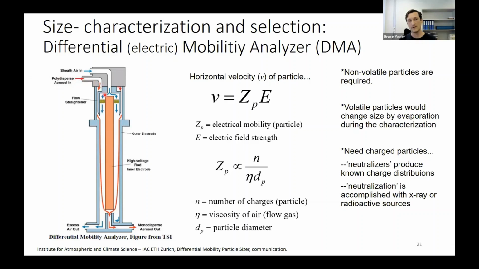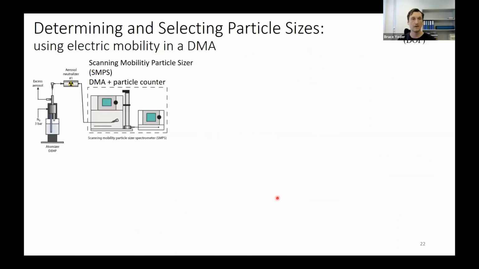The aerosol enters here, flows this way, and according to its electrical mobility is pulled towards the rod, and selected electric mobility diameters come out at the end. And you have monodispersed aerosol. Good. So we can determine the size and select the size of aerosol particles using a DMA, or Differential Mobility Analyzer.